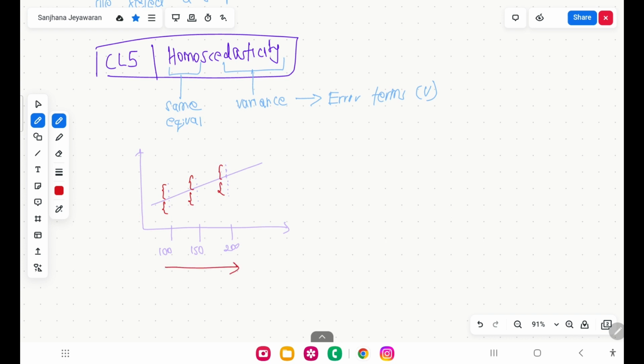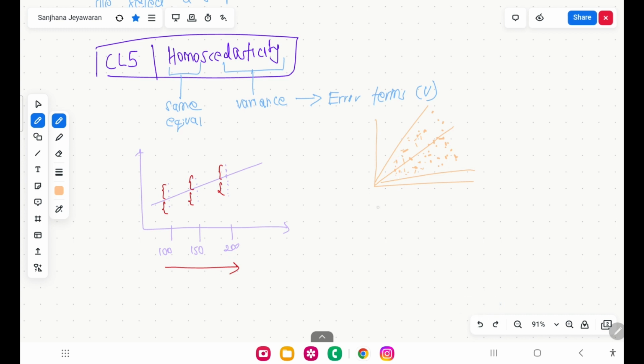When it's not homoscedastic, we refer to it as heteroscedastic. That is when the variance of the error terms changes when the x values increase or decrease. So that would look something like this. When your x's are increasing, if your error terms move like this, I hope this is visible enough. See, at lower levels of x, this is your error. At high levels of x, your error has increased.